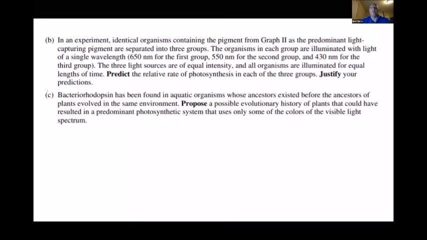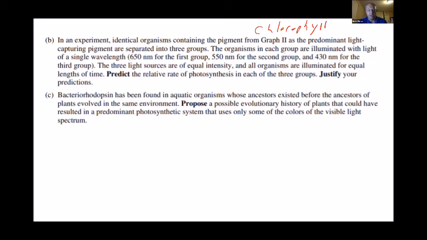So now if we go back to part B, in an experiment, identical organisms containing the pigment from graph 2 as the predominant light capturing pigment are separated into 3 groups. Remember, graph 2 was chlorophyll. So this is a green plant or something like it, maybe an algae. The organisms in each group are illuminated with light of a single wavelength.